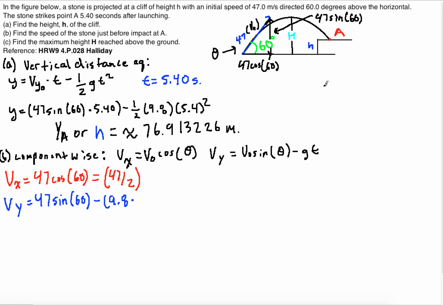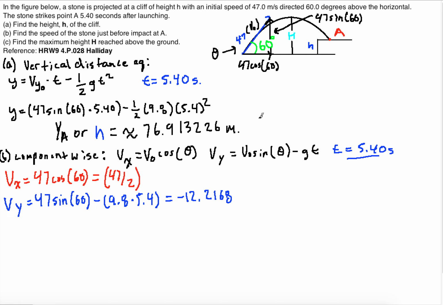We're solving this just before the impact at A, so t is equal to 5.40 seconds, because we're evaluating at A, or just before A, which is essentially A. So it's times 5.4, and this yields about negative 12.2168.